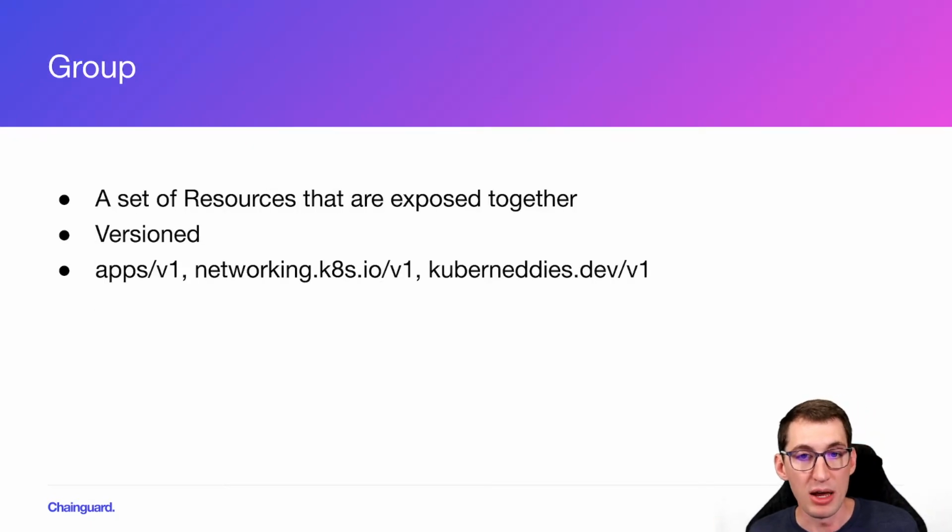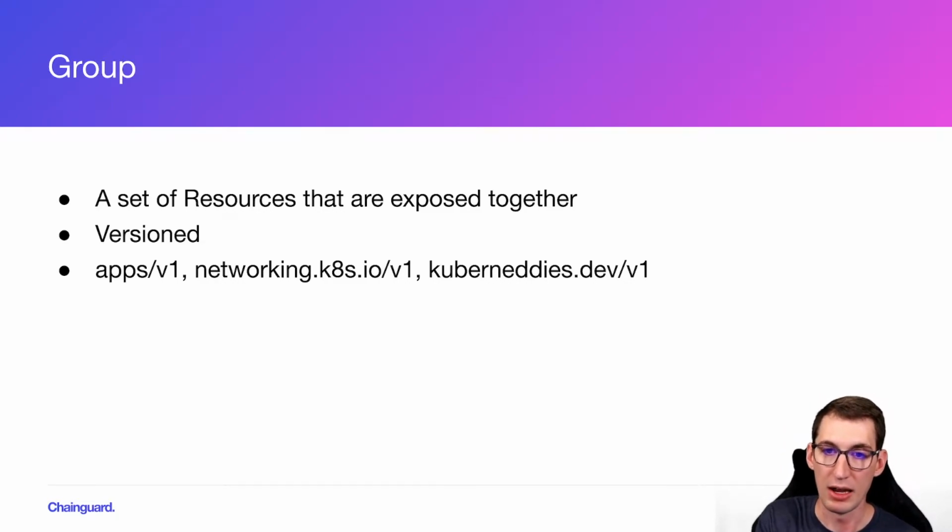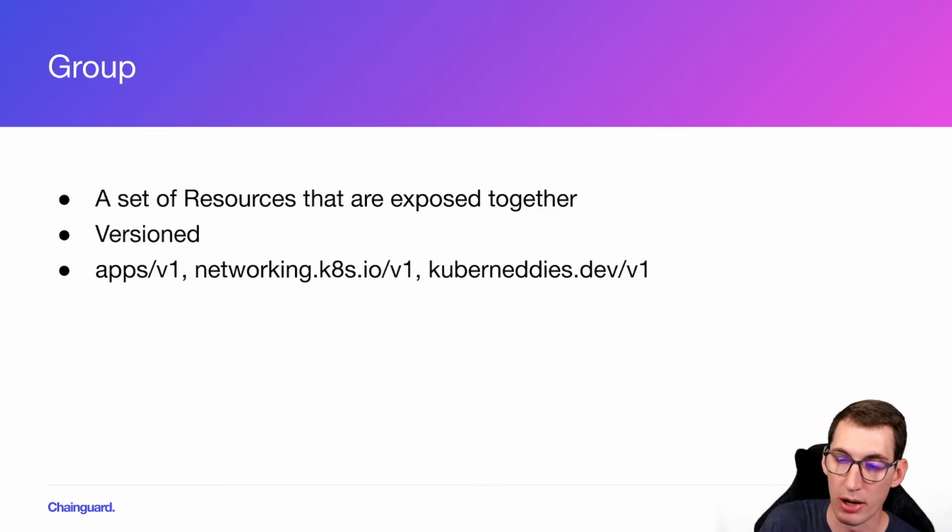A group is a set of resources that are exposed together. It is versioned, and you can see a couple examples here. You've probably used them before. We have apps/v1. That's where you'll find deployments. Networking.k8s.io/v1 is where the ingress objects will live. And then you can have your own custom API groups. So this is the one that we're going to use for our demo here.